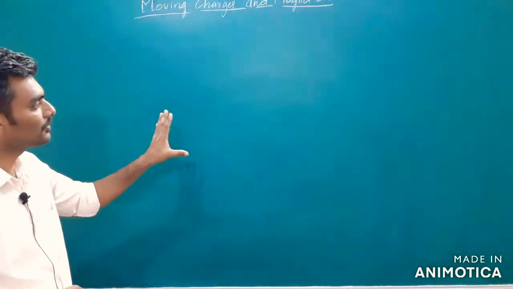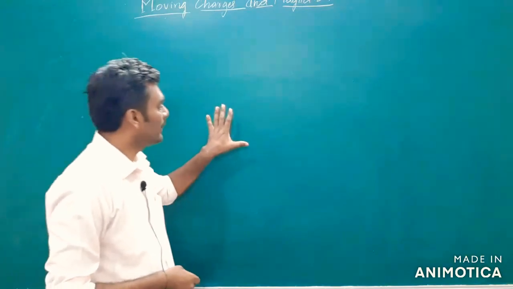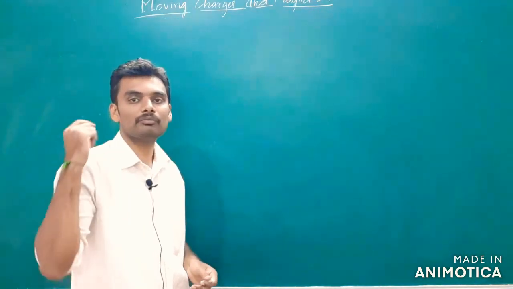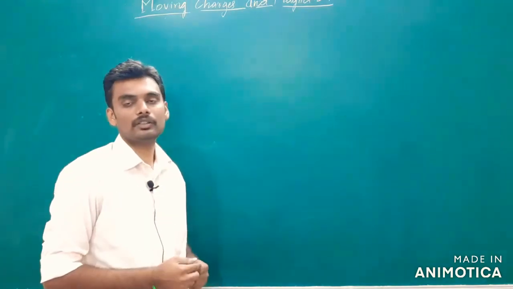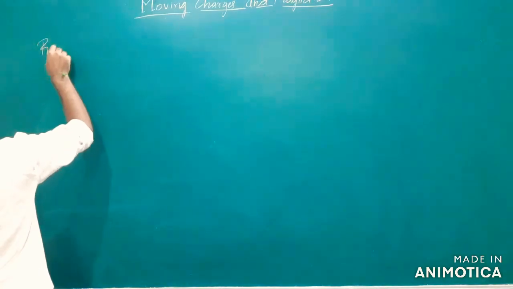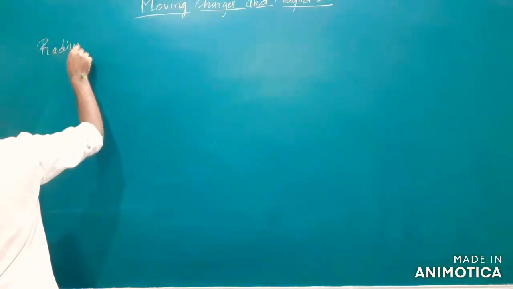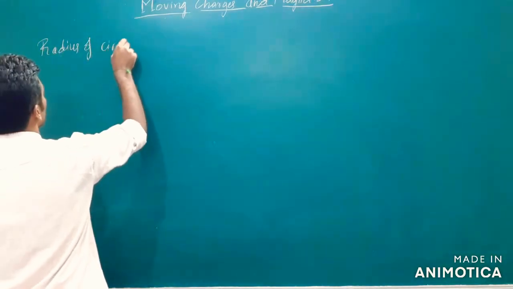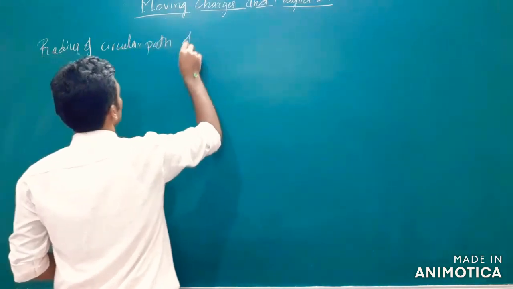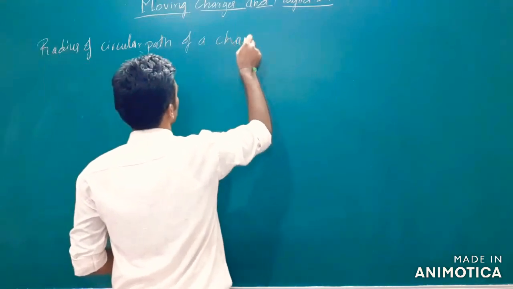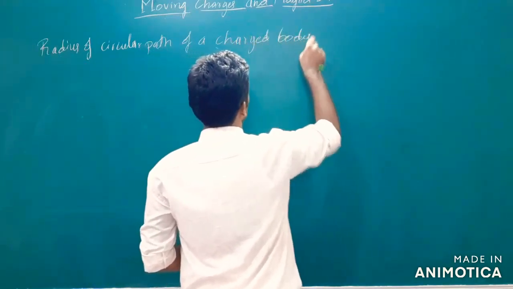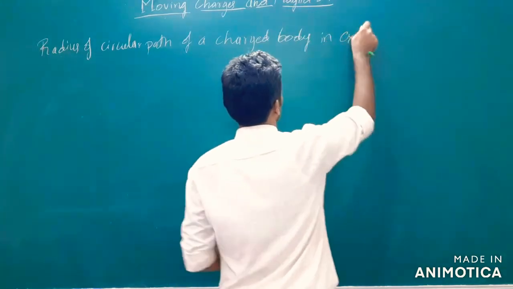So now we are going to get the expression for the radius of the circle traced by a charged body thrown perpendicular to the external field. So the derivation is about the radius of the circular path of a charged body in an external magnetic field.